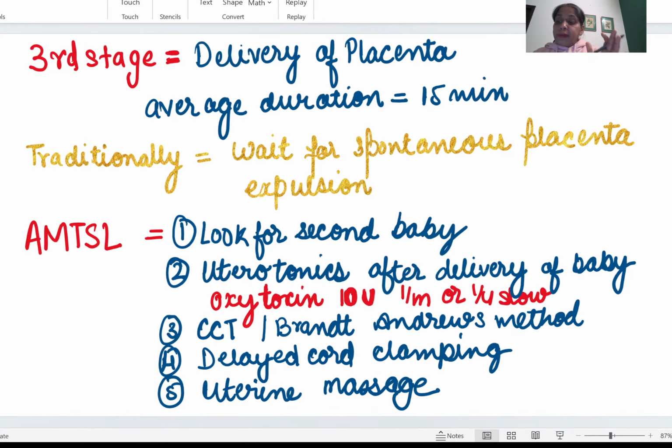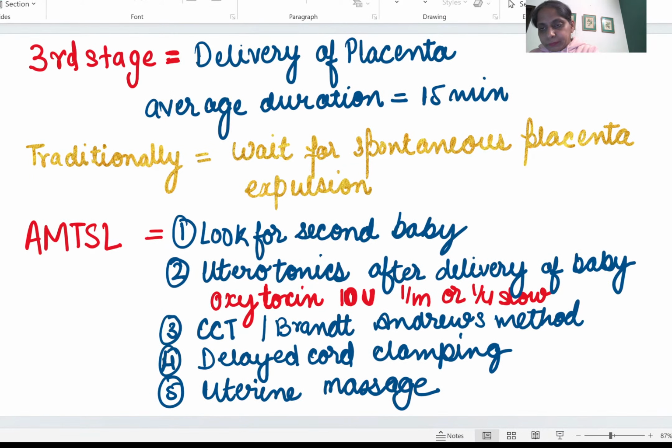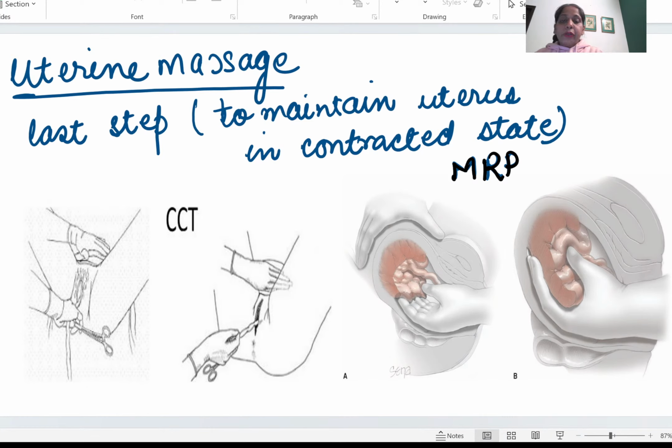The third thing, after giving the uterotonic, that is oxytocin 10 units IM or IV slow or IV infusion, is controlled cord traction. Why do we give controlled cord traction? To hasten the third stage. The method by which we give it is the Brandt Andrews method.